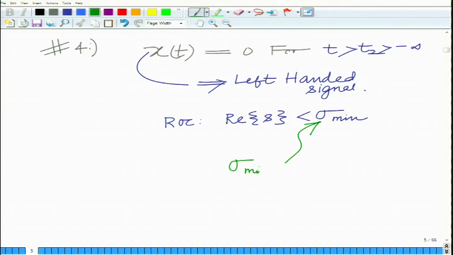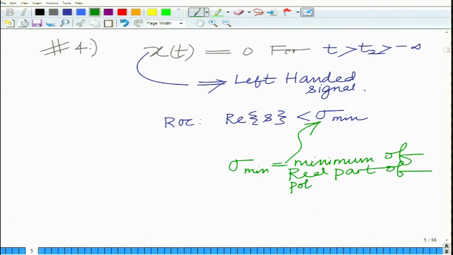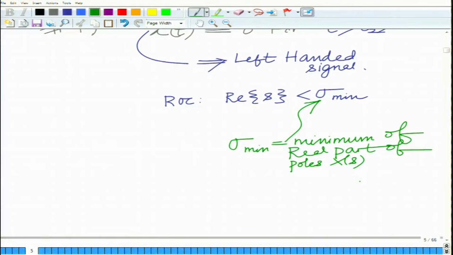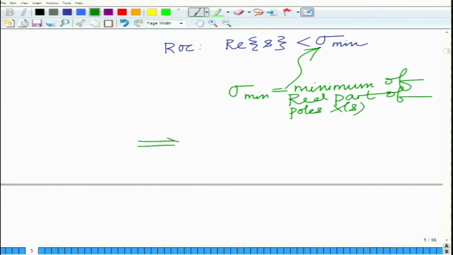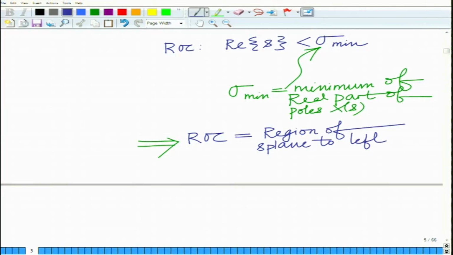Sigma min equals minimum of real part of poles of X of S, and this implies the ROC equals the region of S plane to the left of line real part of S equals sigma min.